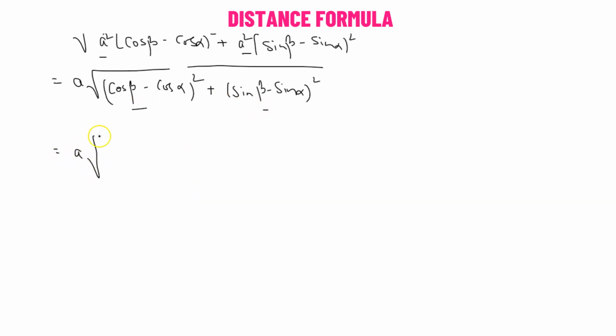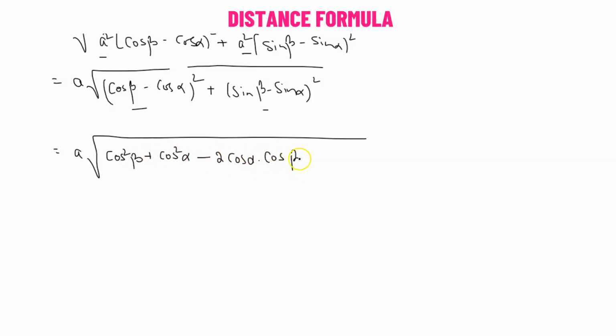So we have a times square root of, for the first term, cosine squared beta plus cosine squared alpha minus 2 times cosine alpha times cosine beta. Then expanding the second term, we get sine squared beta plus sine squared alpha minus 2 times sine alpha times sine beta. Fine.